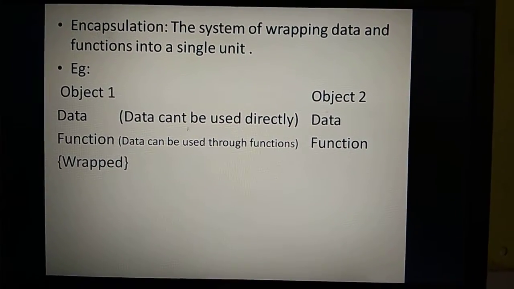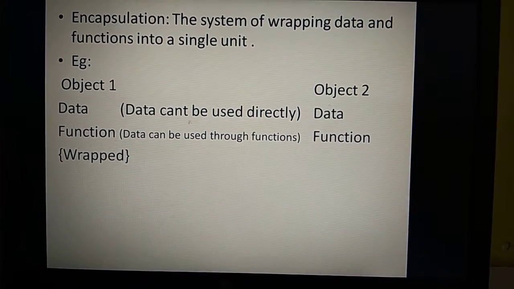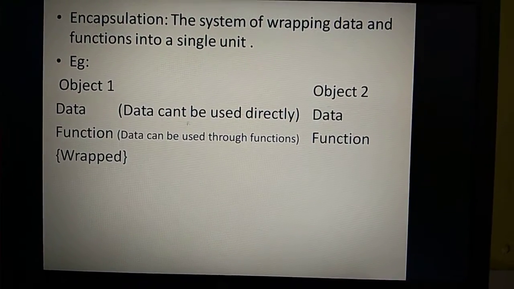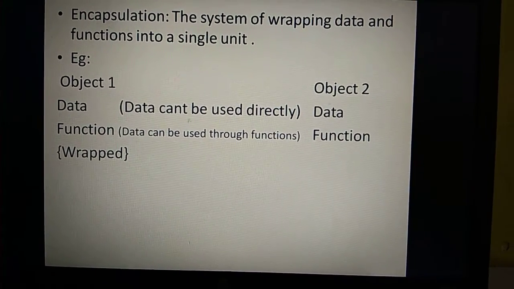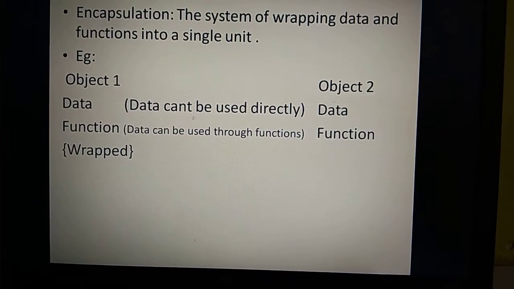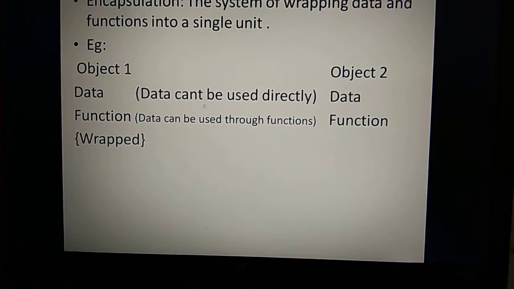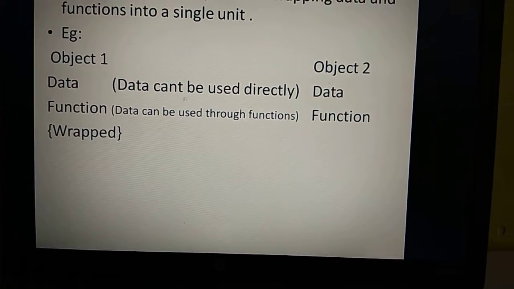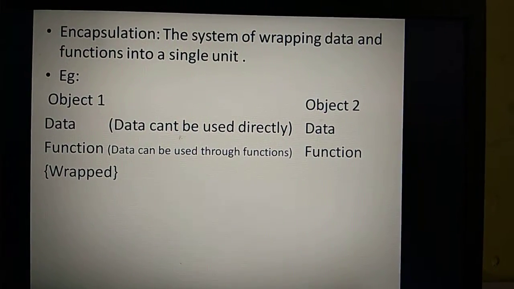Once again I will repeat, the data of object 1 can't be accessed directly from object 2. But if object 1 wants to access the data of object 2, this can be done by using functions.